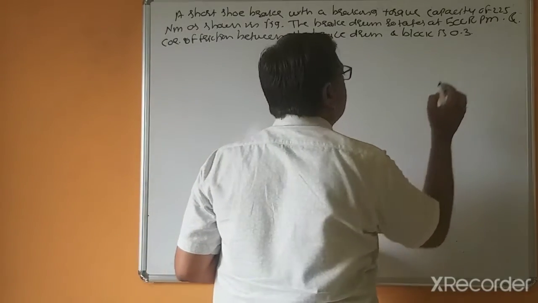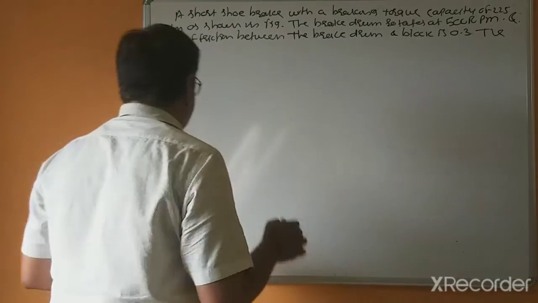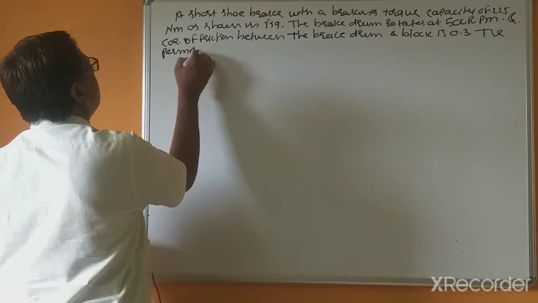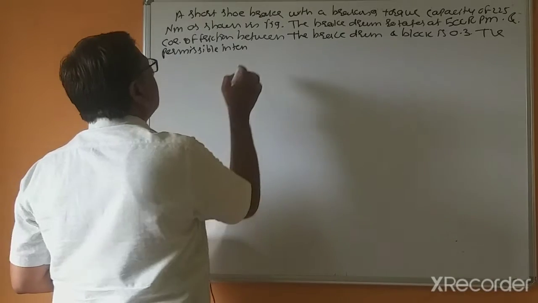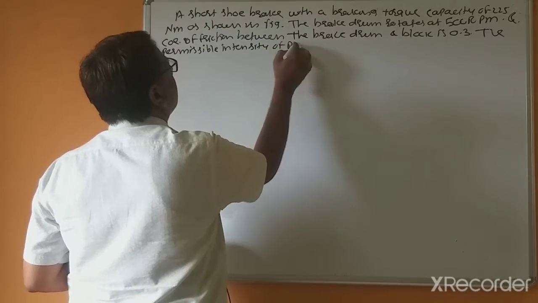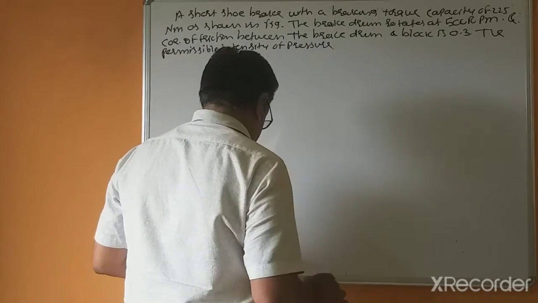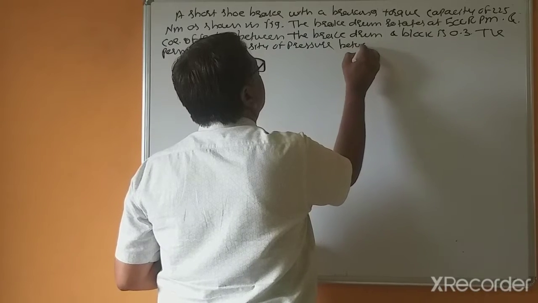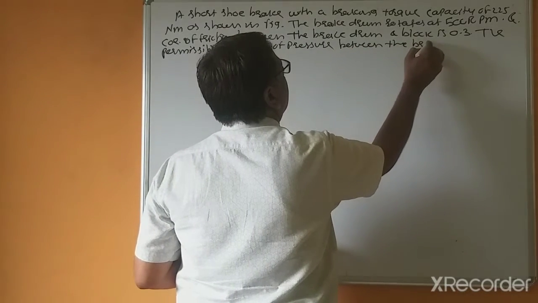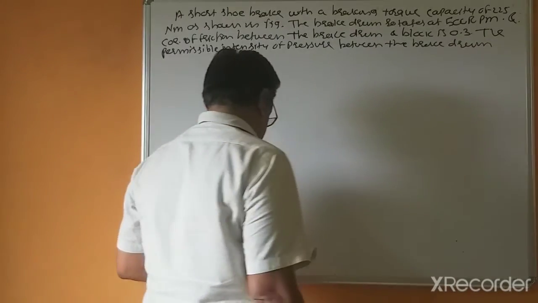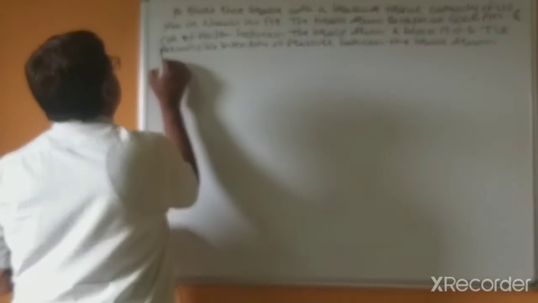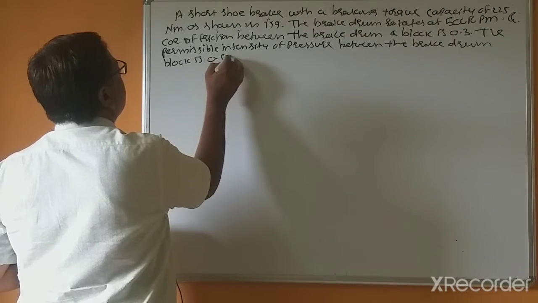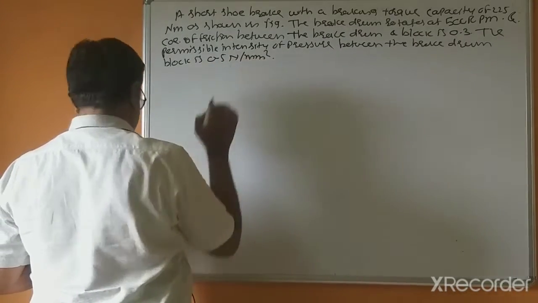The permissible intensity of pressure between the brake drum and the block is 0.5 Newton per mm square.